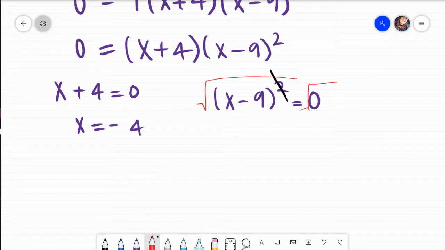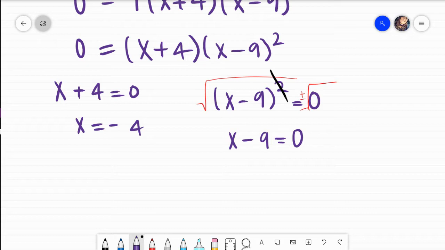You could take the square root of our right-hand side, being sure to add plus or minus, and then what we have here is just x minus 9 equals plus or minus the square root of 0. The square root of 0 is 0. Technically, there is no such thing as plus or minus 0. It's just 0. So what you do is you just write 0, okay?